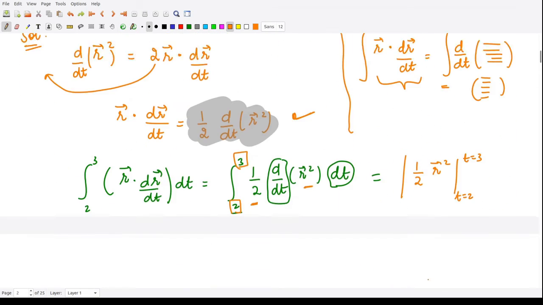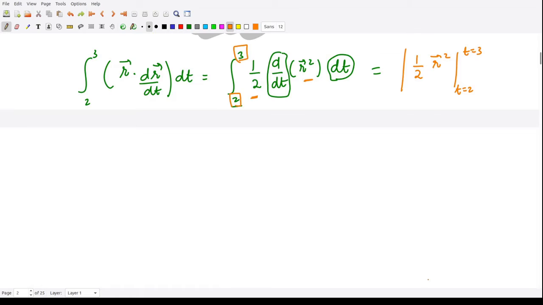Accordingly, we'll compute this thing. So what would this be? 1 by 2 would be taken outside, the value of r square computed at t is equal to 3 minus the value of vector r square computed at the point t is equal to 2.